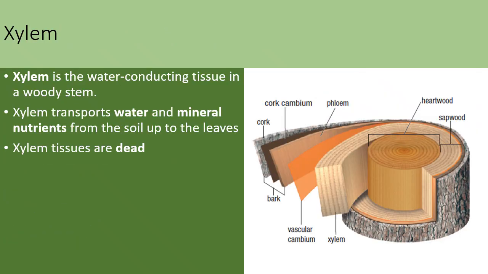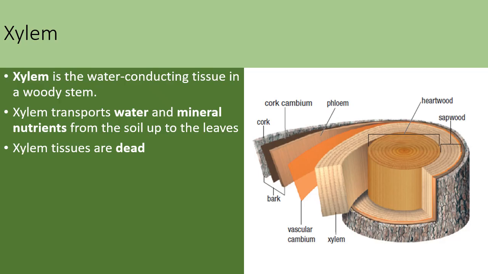Okay. So xylem is the innermost tissue of our tree trunk, and there are a couple main functions the xylem has. Xylem transports water and mineral nutrients from the soil up to the leaves. That's where our plants are getting the water they need to do photosynthesis and transpiration, and also the mineral nutrients they need to do things like make chlorophyll.